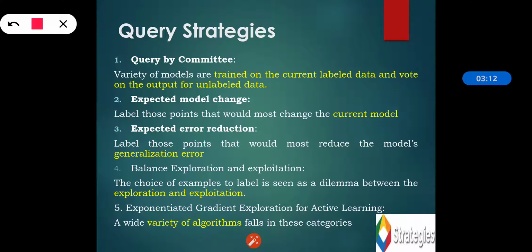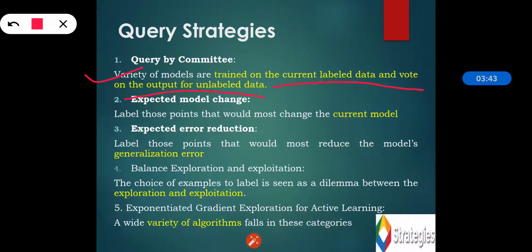The algorithms for determining which data points should be labeled can be organized into various categories. The first is uncertainty sampling: label those points for which the current model is least certain about what the correct output should be. The second is query by committee. A variety of models are trained on the current labeled data and vote on the output for unlabeled data.